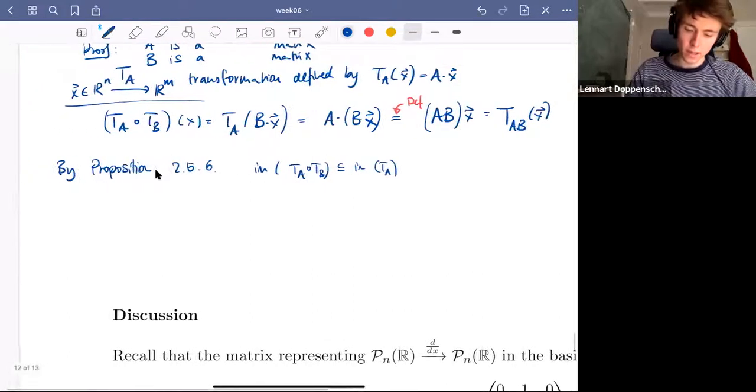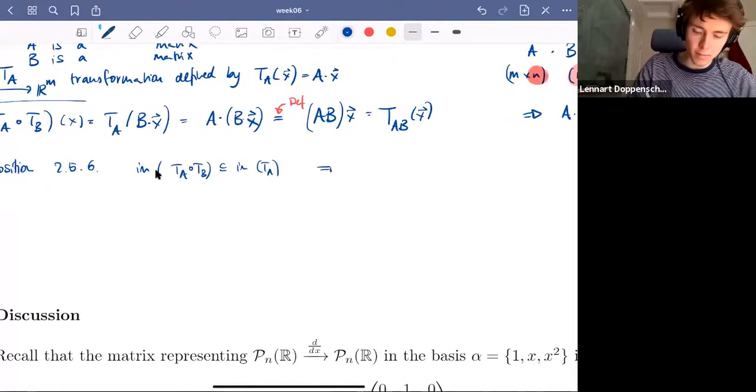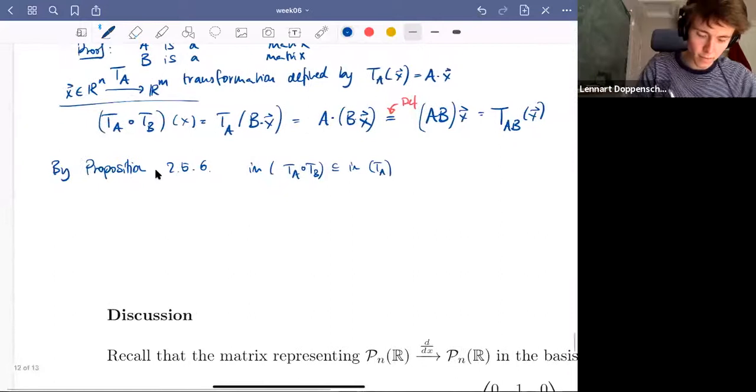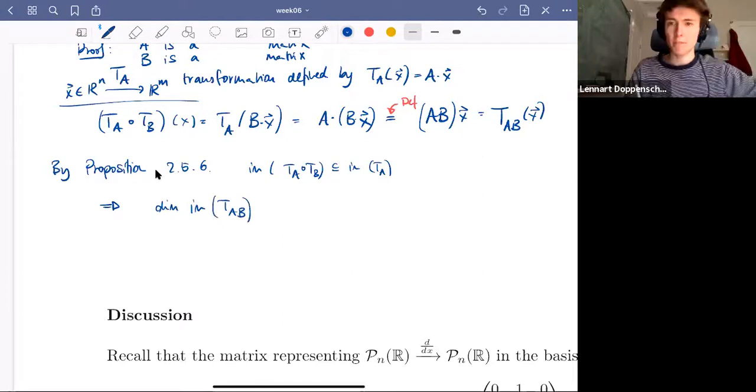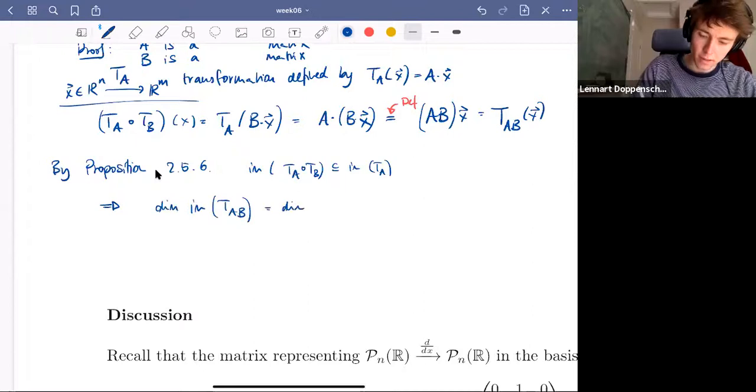But this is nothing else than saying that the rank, that the dimension of the image of T_AB, and now T_AB is the same as T_A composed with T_B. Let me give this equation here a star.